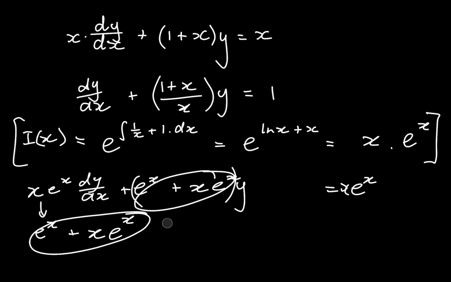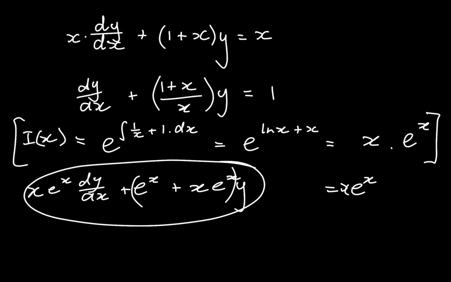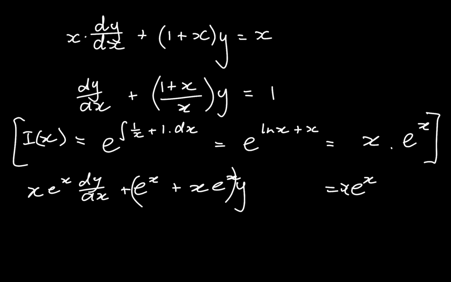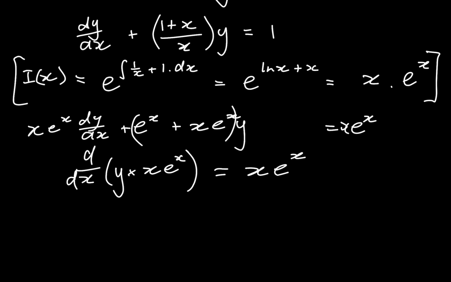So essentially what we've done is we've found the product rule within our new equation. So what we're saying is that y times x times e to the power of x differentiated in terms of x equals that. So we're doing the reverse of the product rule. And then of course that still equals x times e to the power of x.